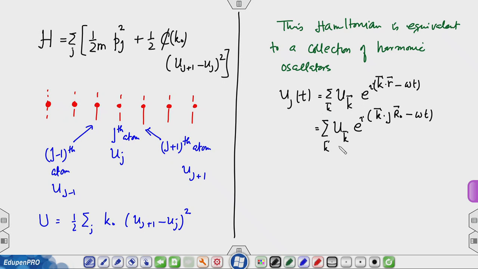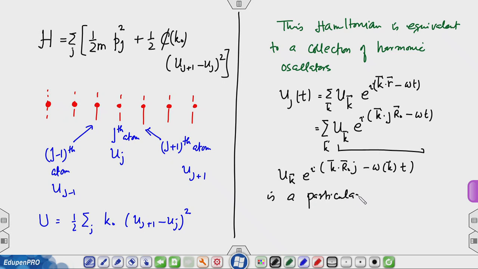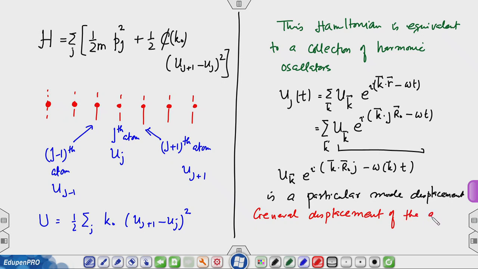So, if you like, this is like each individual mode. So, u k e raised to i k dot r 0, let me write j separately, minus omega, which depends on k, t, is a particular mode displacement, and the general displacement of the atom at j site is a linear combination of all these, and each one is with amplitude k.